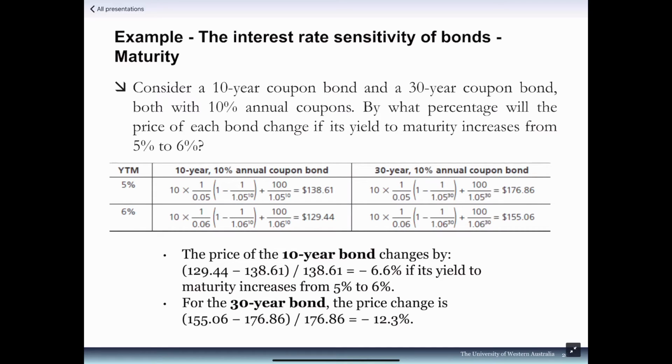So in terms of percentage, for a 1% increase in yield to maturity, the bond price will fall by 6.6% for a 10-year bond, whereas for a 30-year bond, it's going to fall by 12.3%. So you can see that the longer the maturity, the more sensitive it is to a yield change.